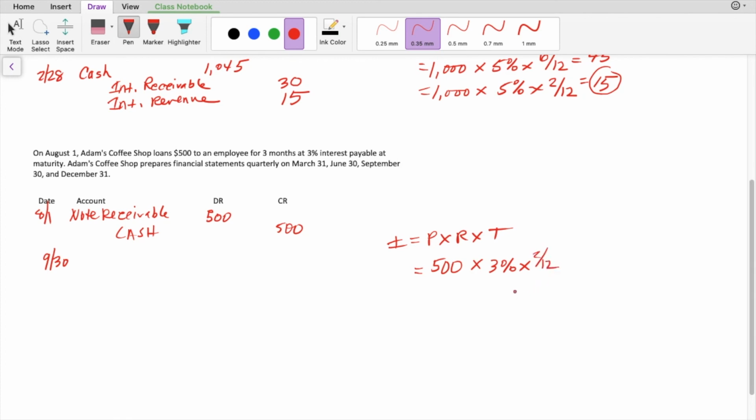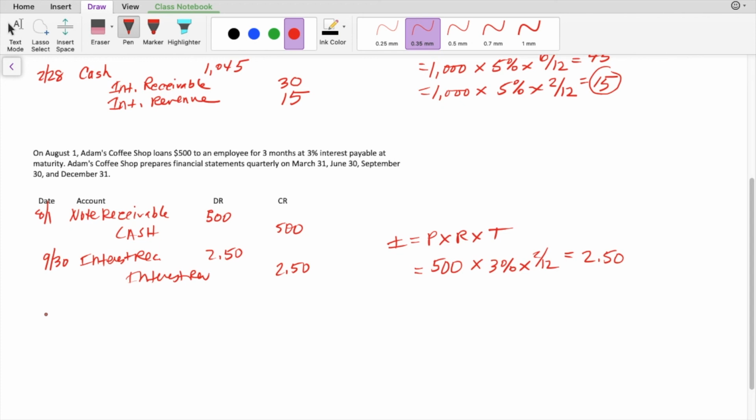We have August and September. And so how much does our employee owe us for interest? They owe us $2.50. So what do I record? I record the fact that they owe me interest, so interest receivable, $2.50, and that I've earned interest, so interest revenue, $2.50.